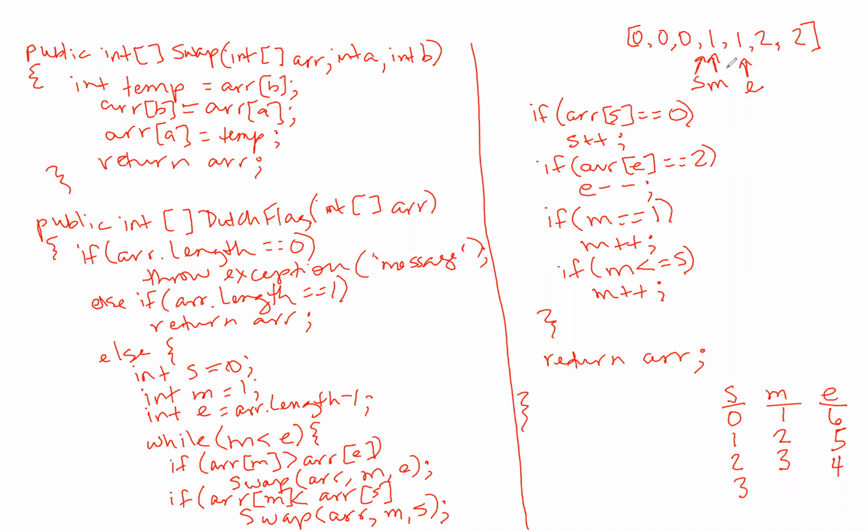If array at E equals 2, it doesn't. If M equals 1, then M plus plus. So E stayed at 4, and M increased to 4. Going back through, M is less than E? 4 is not less than 4, so we get out of the while loop and return our new array of zeros, ones, and twos.